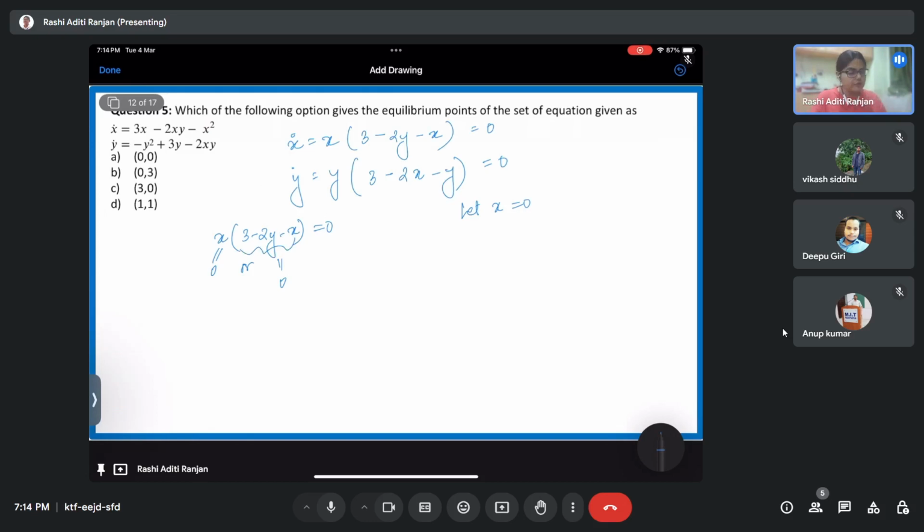In the first equation, x can be 0 and the multiplication can be 0. In the second equation, this can be 0 or this can be 0. So I'll first consider x equals 0. Then for the second equation, I can have y equals 0, or I can have 3 minus 2x minus y equals 0. So I'll consider y equals 0.